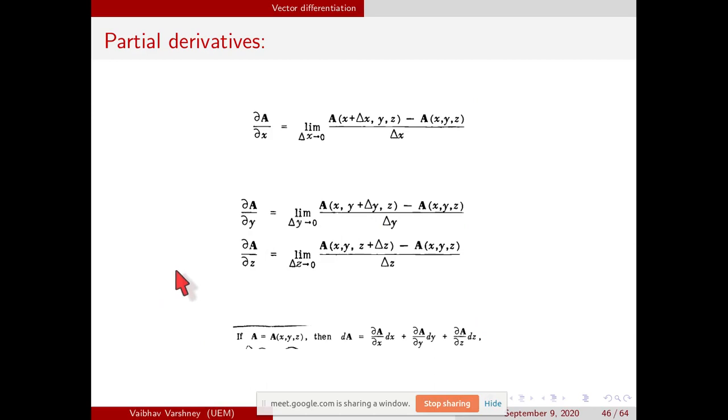As simple as that. It's nothing complicated in this. The only difference between the two derivatives is that the ordinary derivative checks the change of the whole function, and the partial derivative checks the change of the function with respect to one variable only. This point is clear?